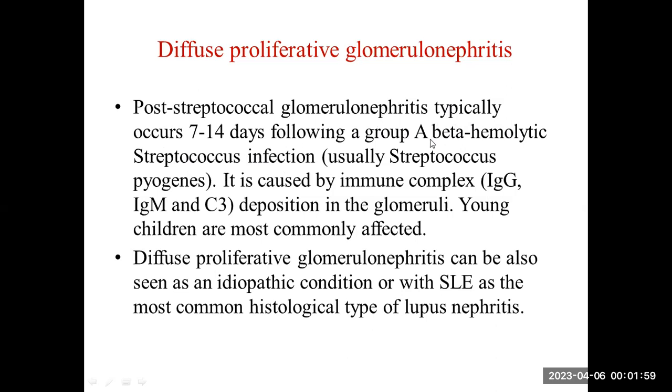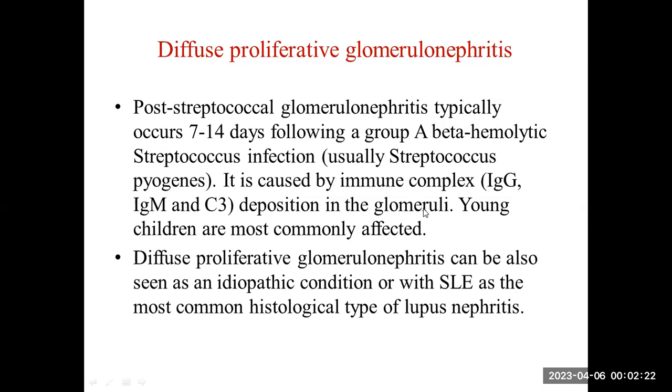And this infection can be affecting the upper respiratory tract in most of the cases, or it can even be in the skin. It might be a streptococcal skin infection. So following a streptococcal infection, after 1 to 2 weeks, sometimes up to 6 weeks, the patient will develop a type of glomerulonephritis, which is called diffuse proliferative glomerulonephritis, detected on biopsy.